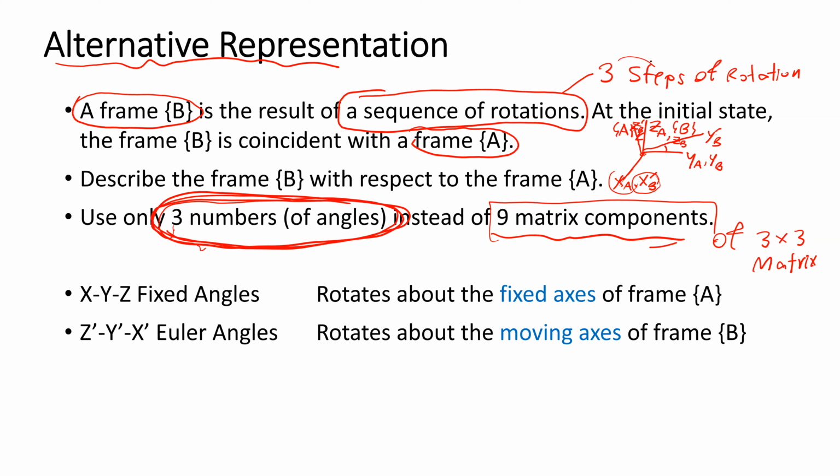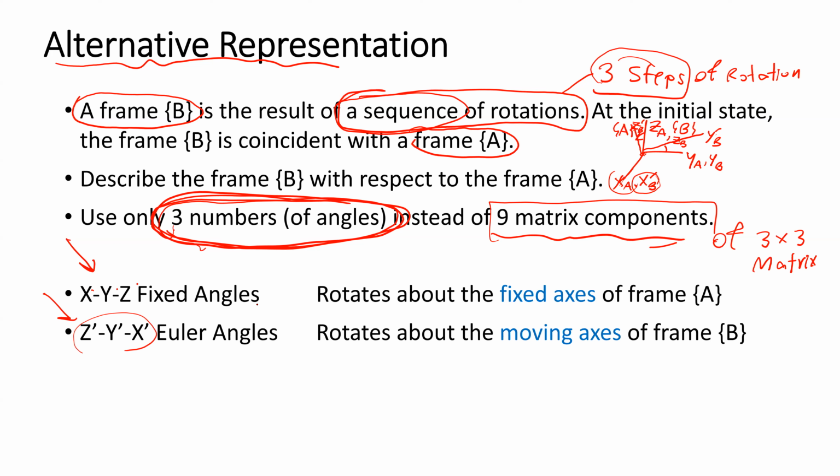We can get something related to the rotation matrix, but there are 2 parts. A sequence of rotation in this class could be many types, but the important sequences that we need to know are sequences of 3 steps. We have the XYZ fixed angle sequence and the ZYX Euler angle.